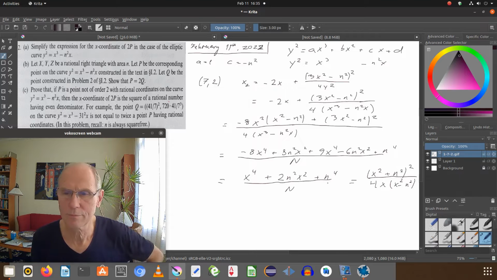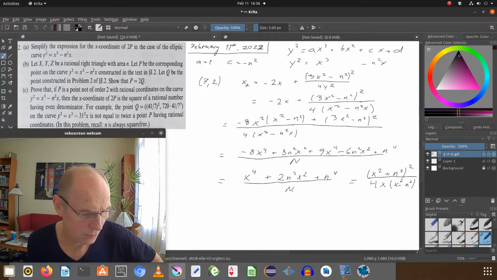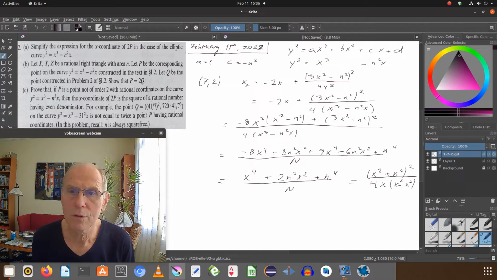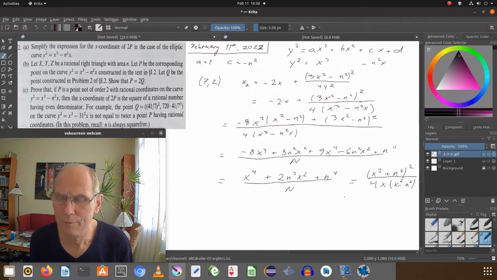Right. On the other hand, this is y squared, isn't it? That's 4y squared. I don't know if that's better. One of those two.